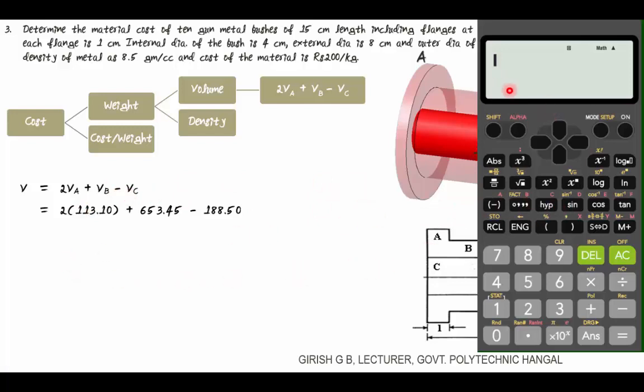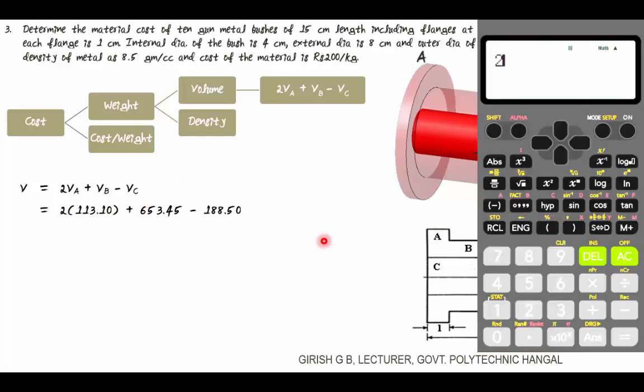Hence it will be 2A plus B minus C, which will be equal to, let's store this value to D. We obtained the total volume as 691.15 cc, stored under memory D.